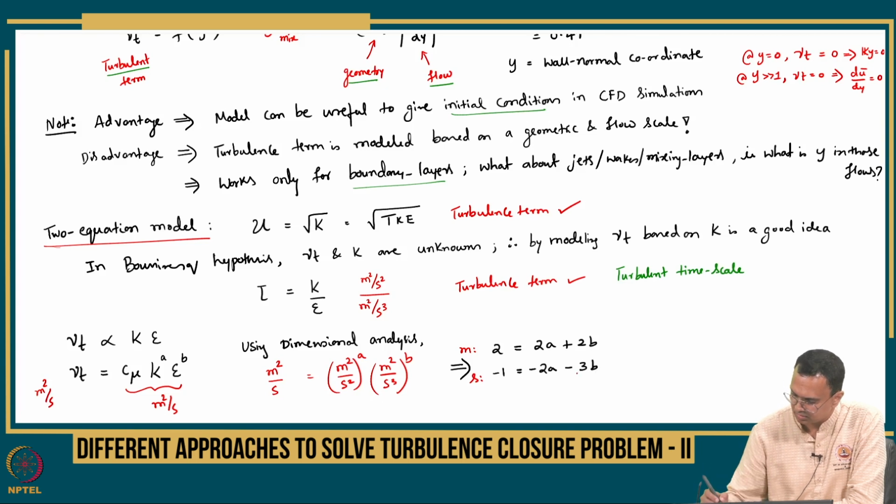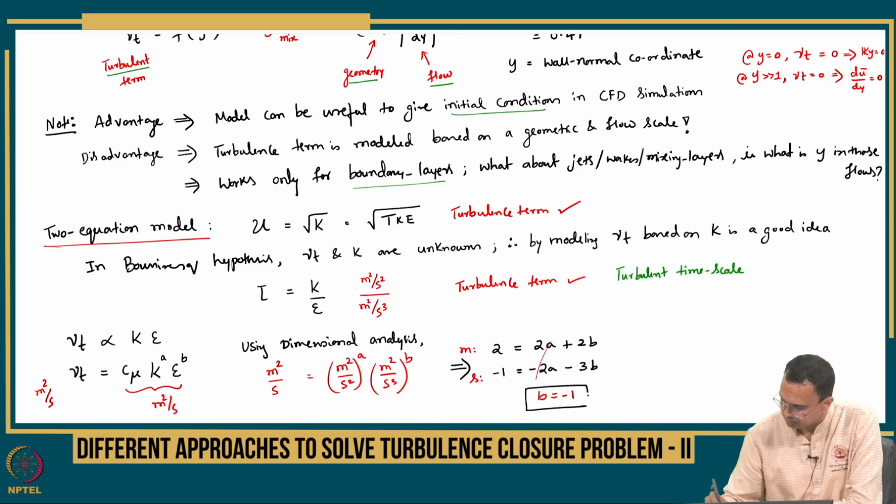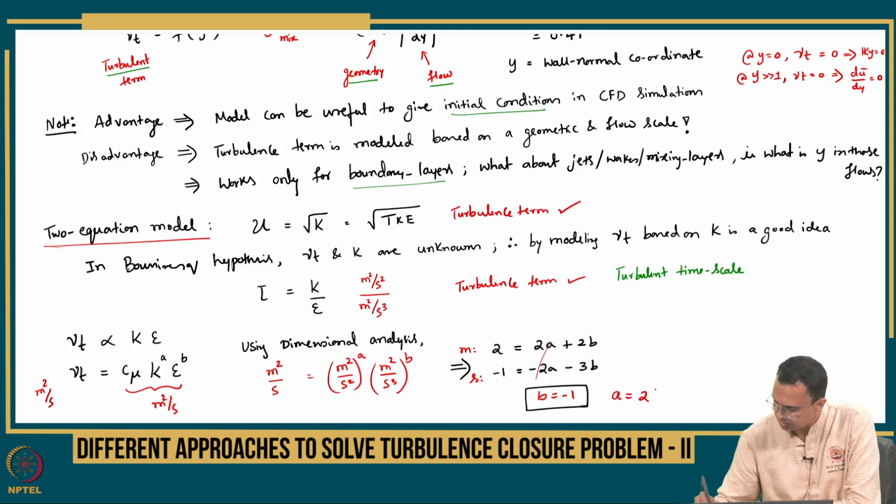So, two simultaneous equations. If I solve them, I easily get B equal to minus 1. Substituting it back, I get A equal to 2.